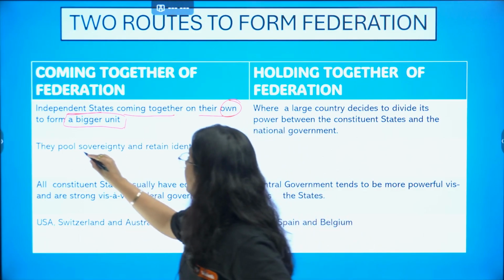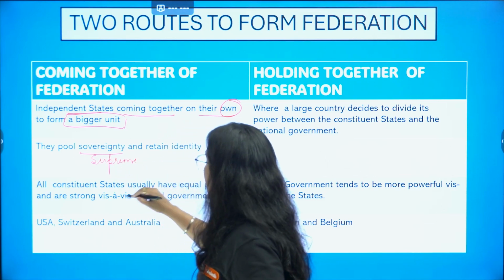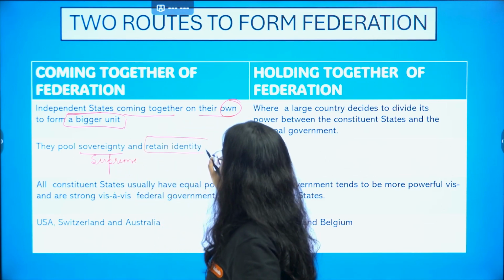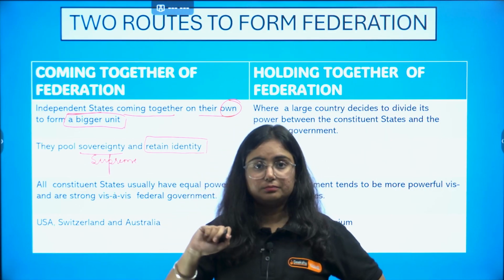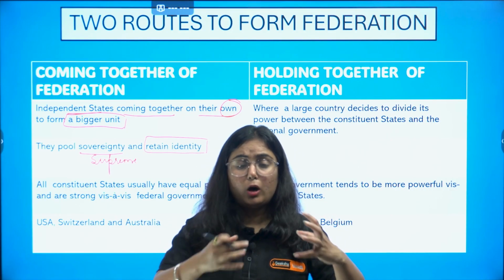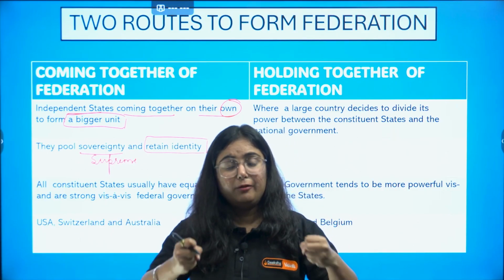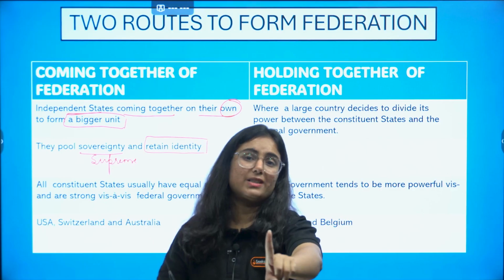They want that within the nation they should also be supreme and their identity should not be at risk. So they want to retain their identity. They want to come into that federation only when their identity is also respected.